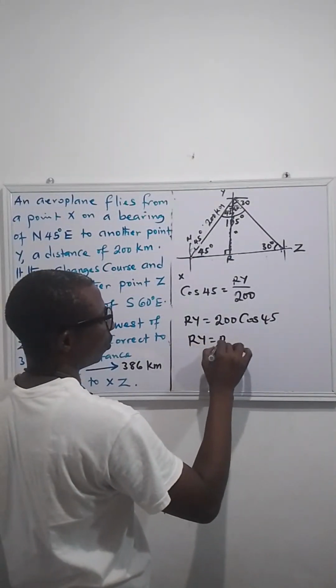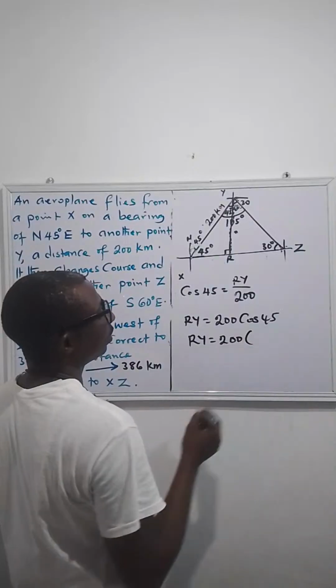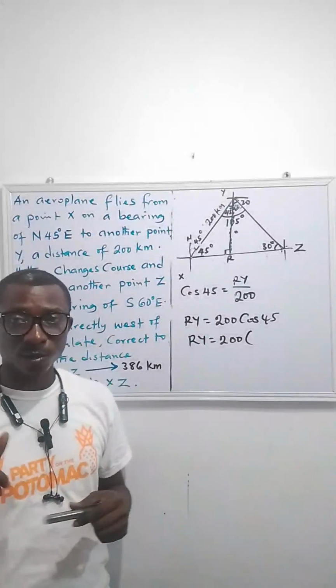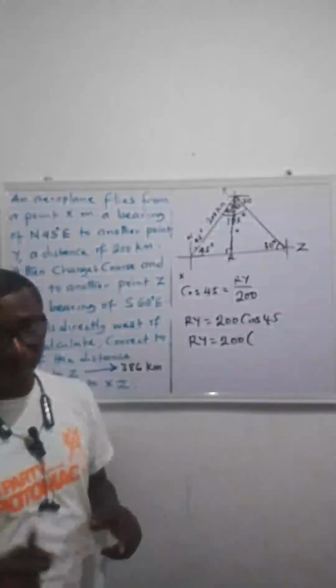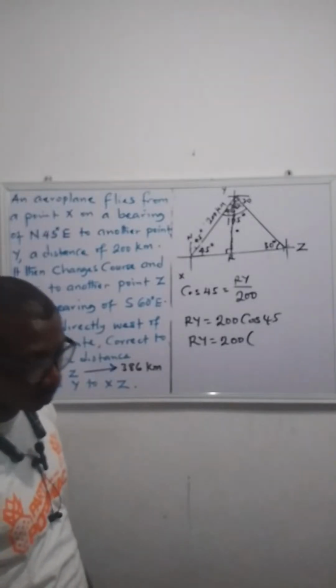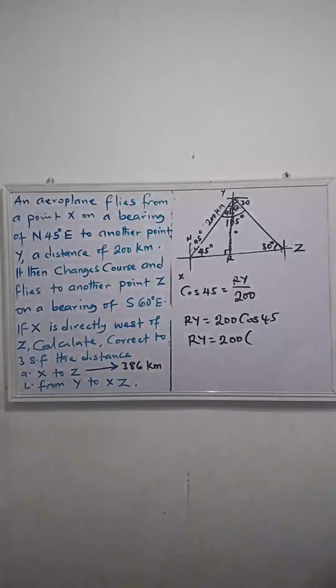So what is cos 45? Please, can you tell me what is cos 45? It's a special angle, but what's going to be the decimal form of that? Is there anybody with that?